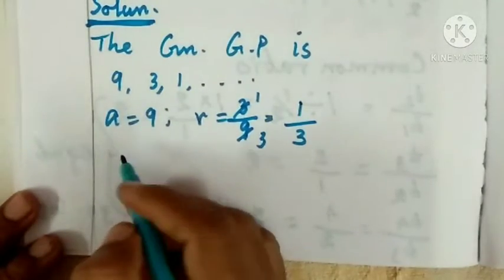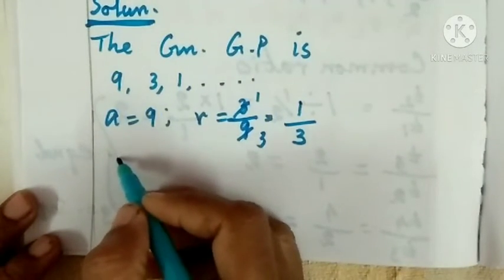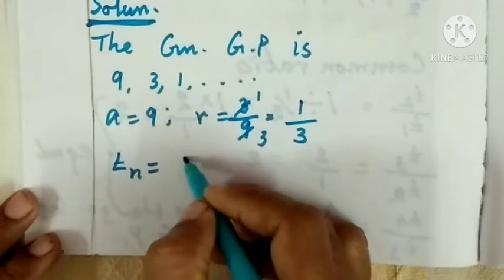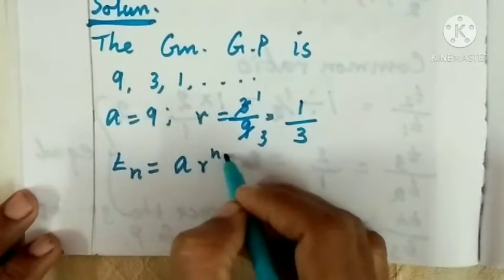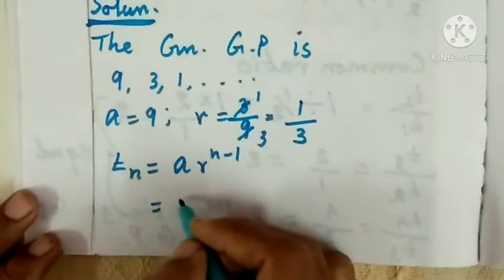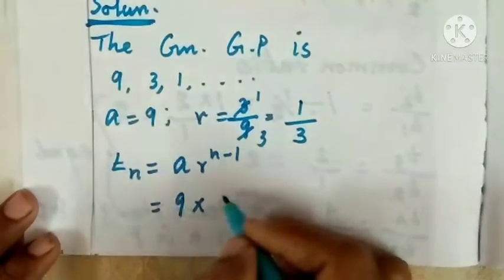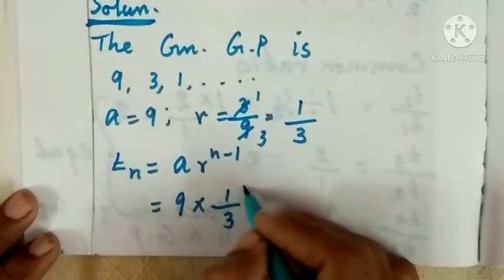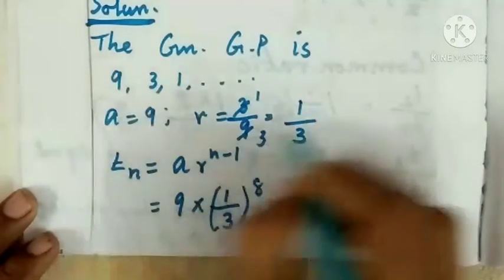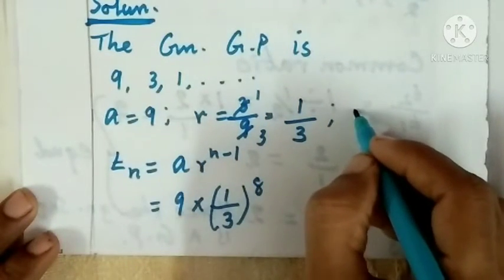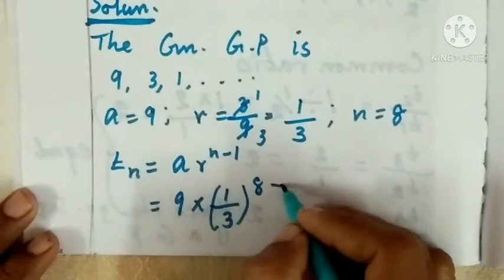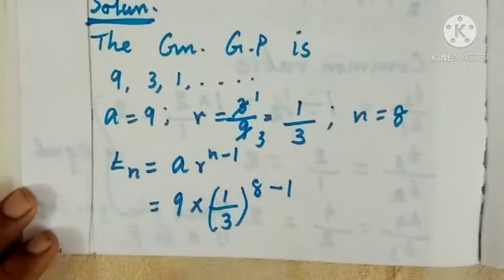Now, take down and write the formula for nth term, that is Tn is equal to a into r power n minus 1. Here a is 9 into r is 1 by 3 the whole power 8 minus 1, because in the question they given n is equal to 8.